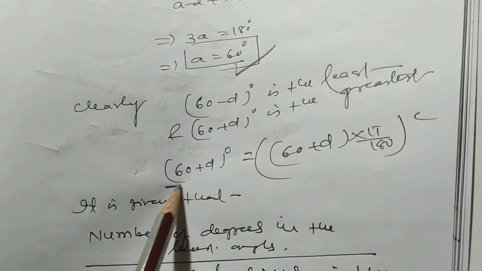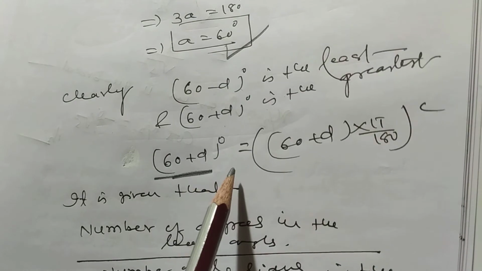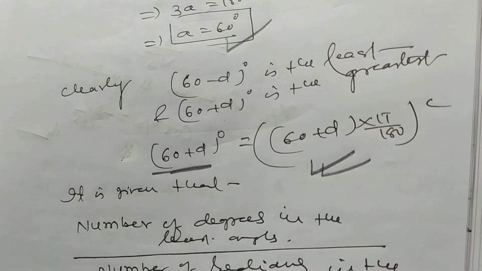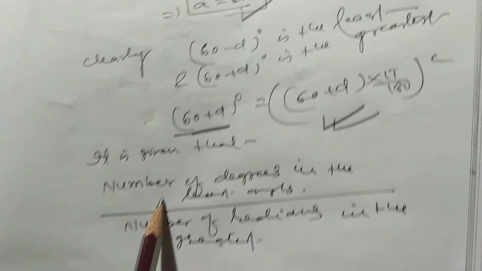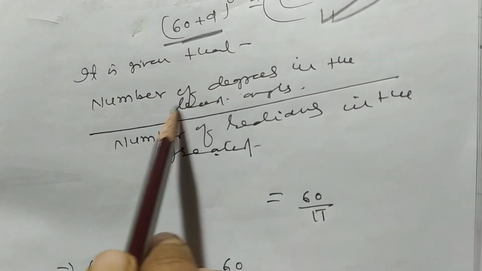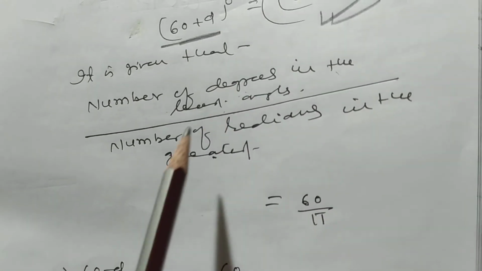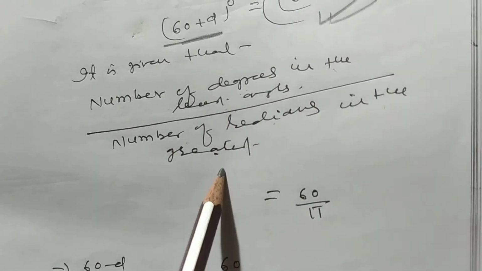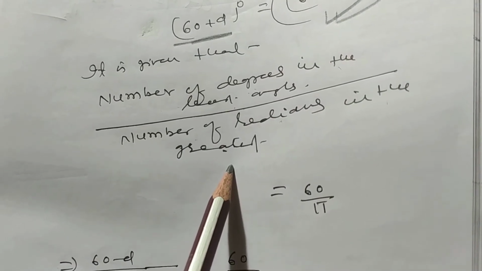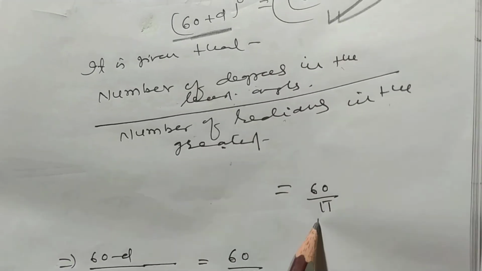Now convert 60 plus D degree in terms of radian by multiplying it by pi by 180. It is given that the number of degrees in the least angle and the number of radians in the greatest, so it will be 60 by pi.